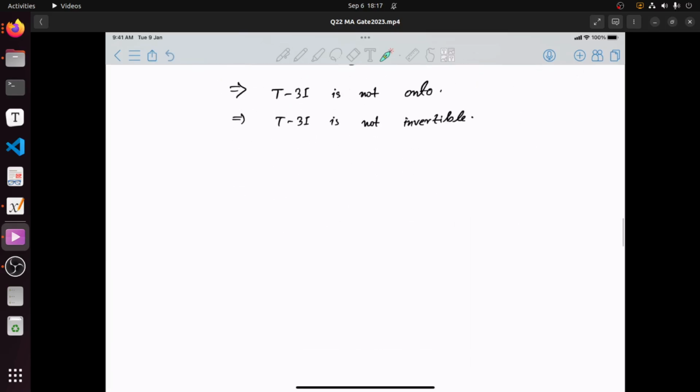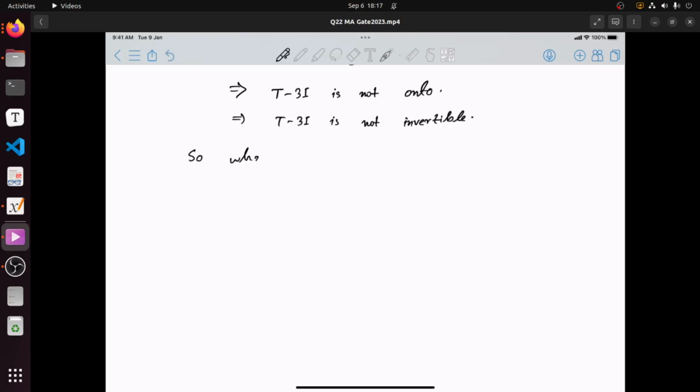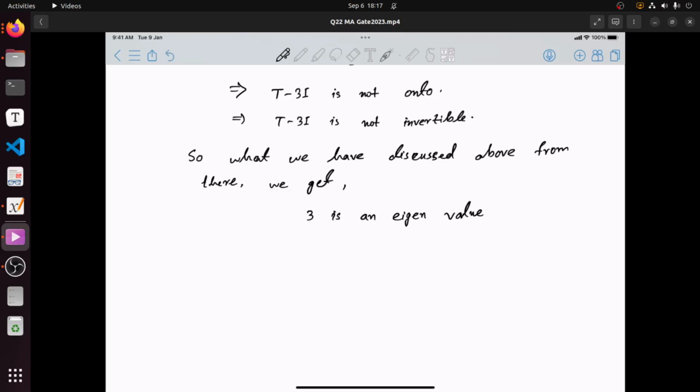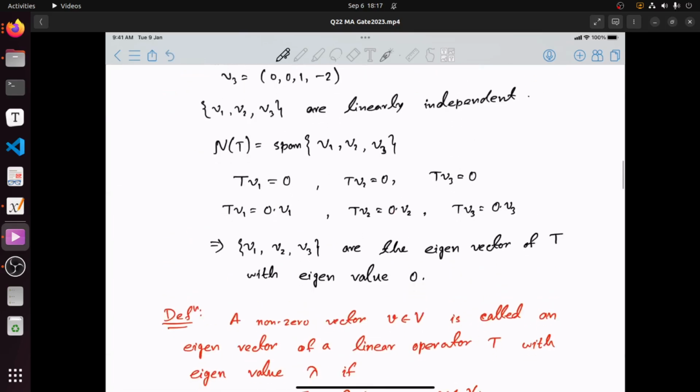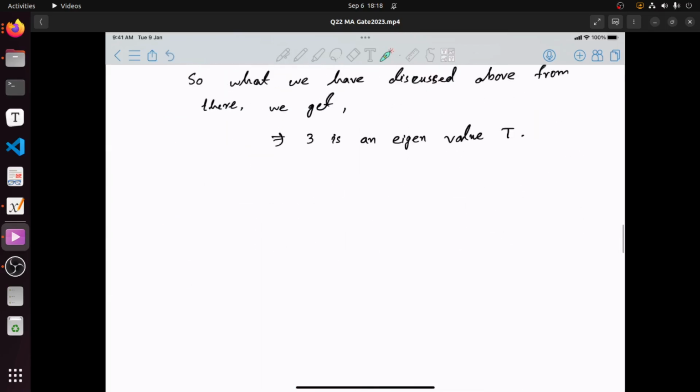So from that result we get that 3 is an eigenvalue of T. So earlier we have got 0 is an eigenvalue of T. Now we have got 3 is also an eigenvalue of T.